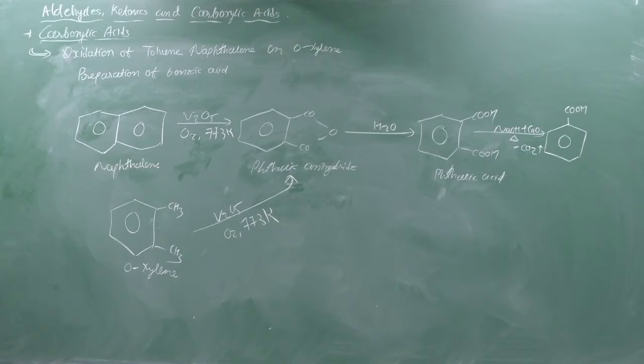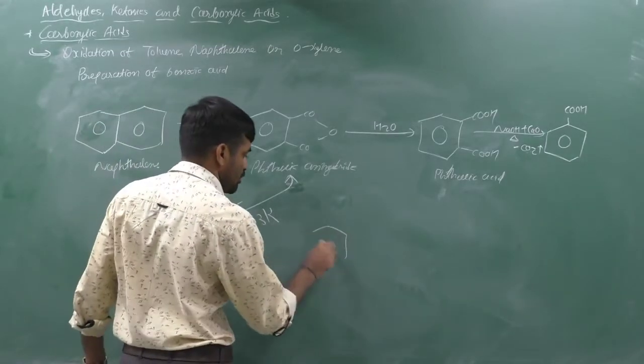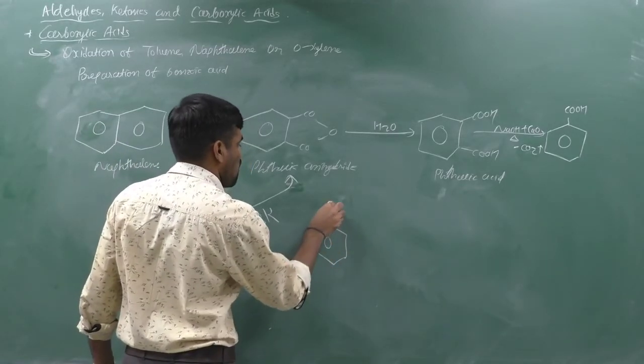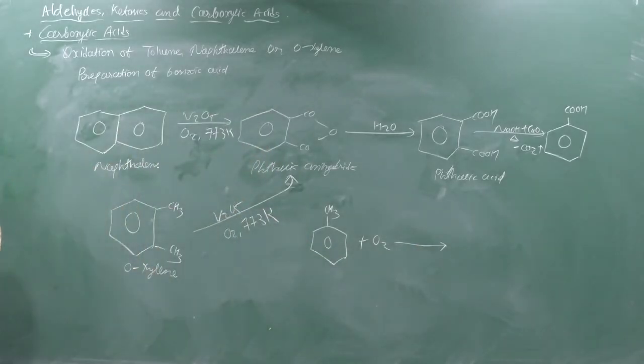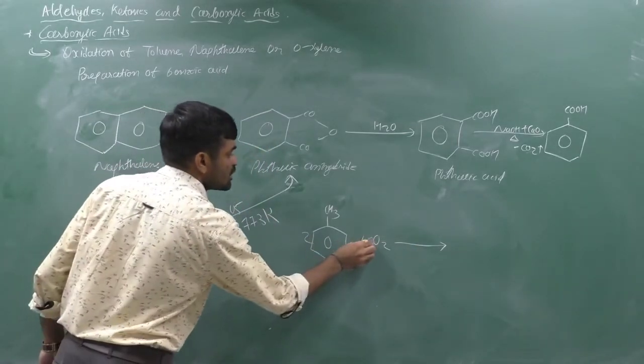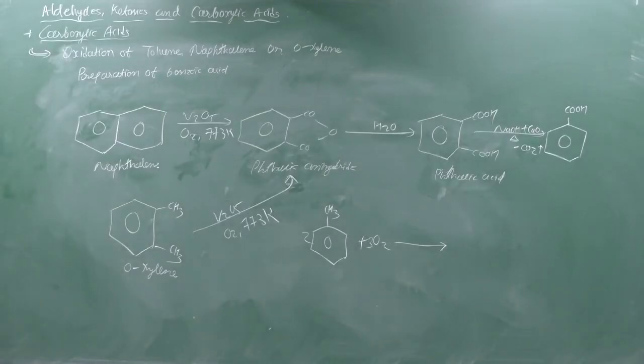If we have toluene, CH3 on benzene ring, we treat it with O2. Now it is 2 times, it is 3 times if you complete the reaction in the presence of copper or manganese acetate at 443 Kelvin.